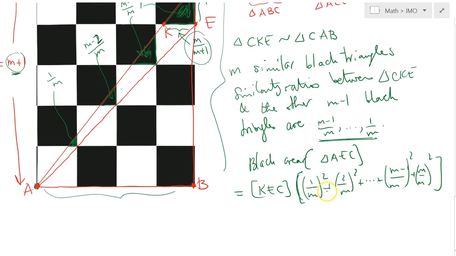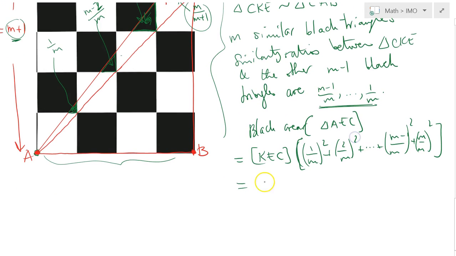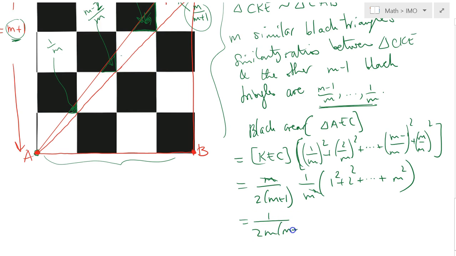Now this is standard, right? We have a sum of squares. So we have the area of KEC. Well, we already calculated the dimensions of KEC: m over (m plus 1) times 1 over 2, so m over 2(m plus 1). This one is easy. And then I can factor out 1 over m squared, and all we are left with is this sum here. Finally, the square here and the m will cancel out, so we have 1 over 2m times (m plus 1).